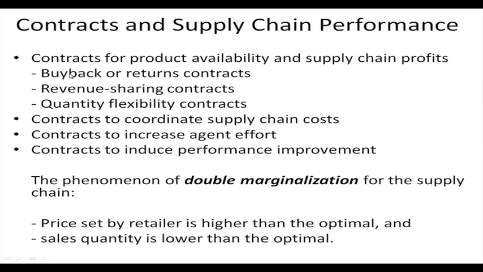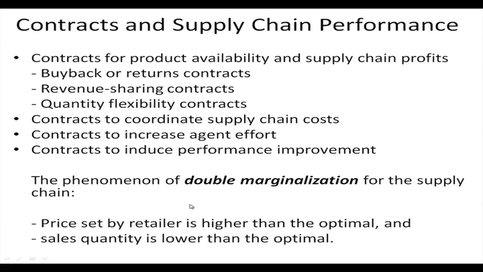We shall discuss all the contracts separately just now, but there is a problem in all these contracts. The problem is the phenomenon of double marginalization, meaning the price set by the retailer is often higher than the optimal, and the sales quantity is lower than what it could have been.